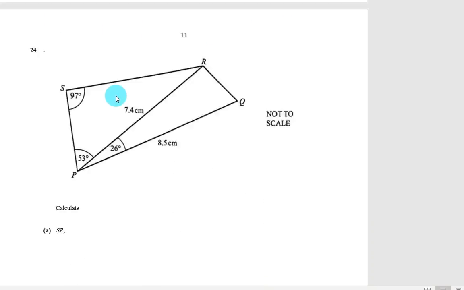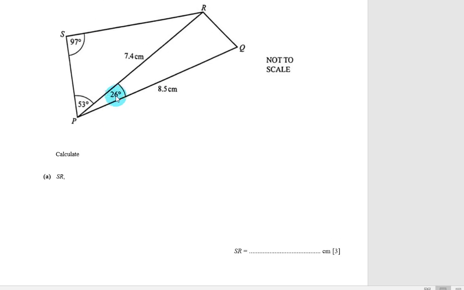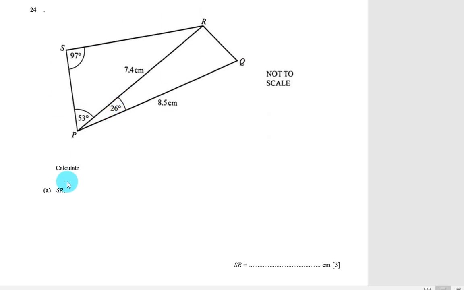Let us see the last question. I have this shape. I need to calculate SR. You need this line, SR. In this triangle, I know this length and I know the angle.